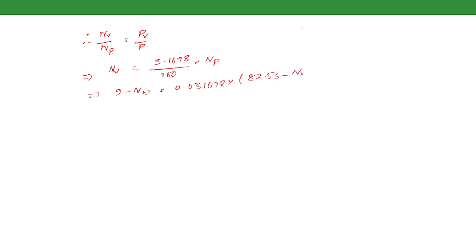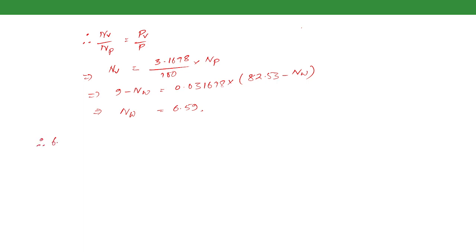therefore Nv by Np is equal to Pv by P. This implies Nv is equal to Pv, that is 3.1698 by 100, into Np. This implies Nv, 9 minus Nw, is 0.031698 into 82.53 minus Nw. Therefore, Nw is 6.59.